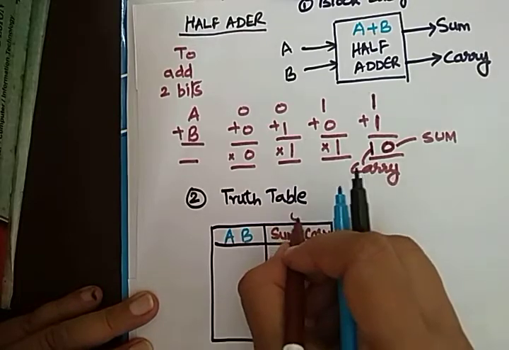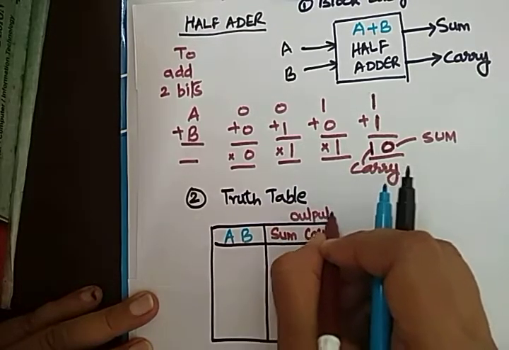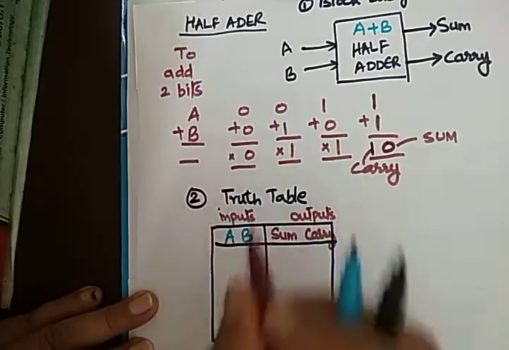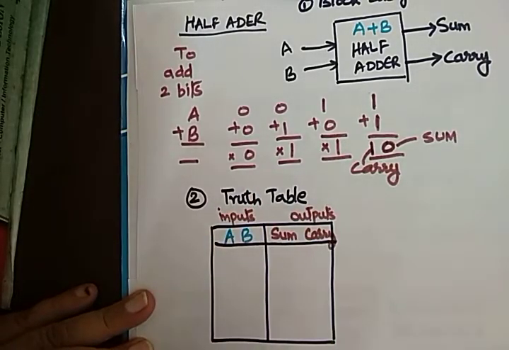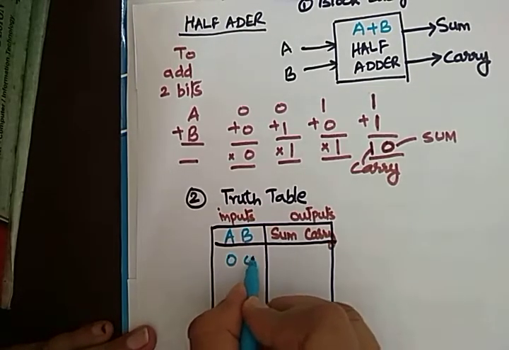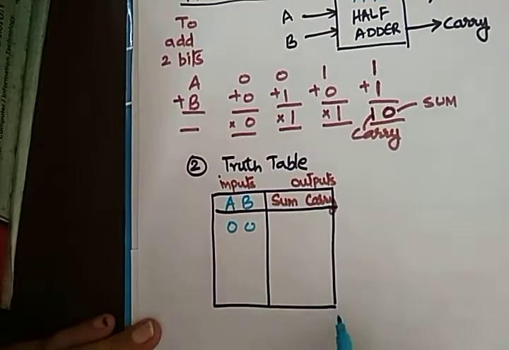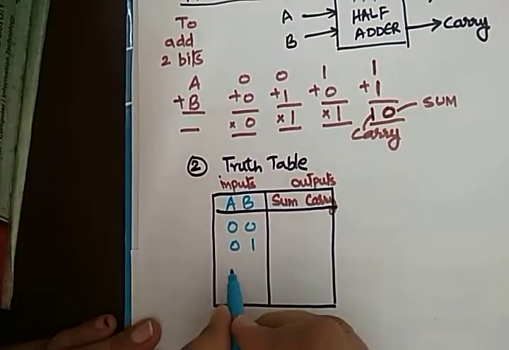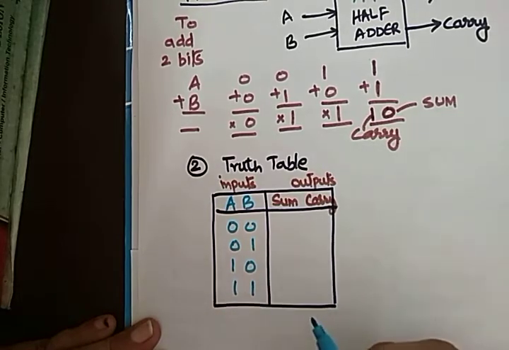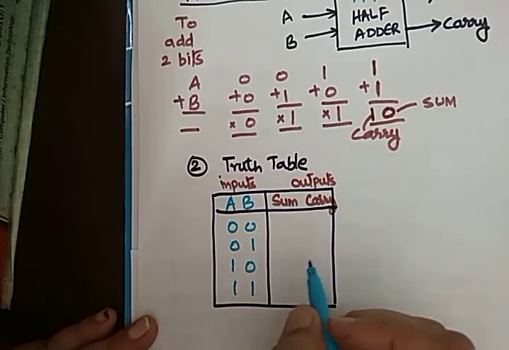These are the outputs and these are the inputs. Whenever there are two inputs A, B, the four possible combinations are A0 B0, A0 B1, A1 B0, A1 B1. Other than this, there is no other possible combination.